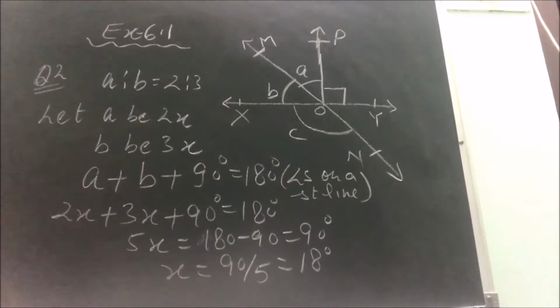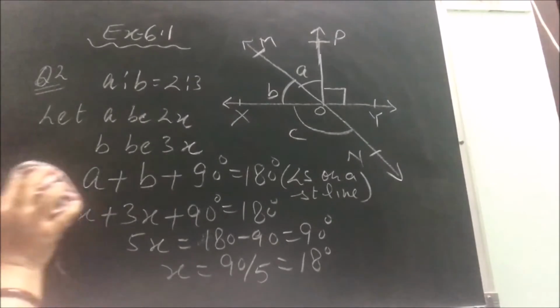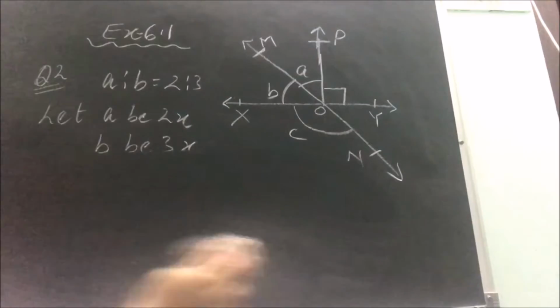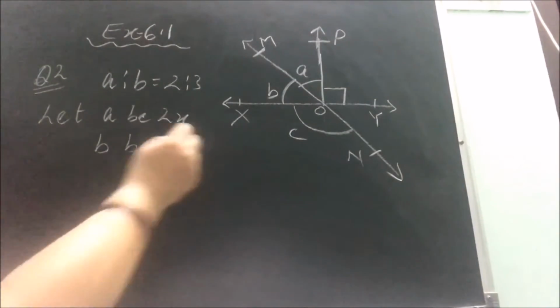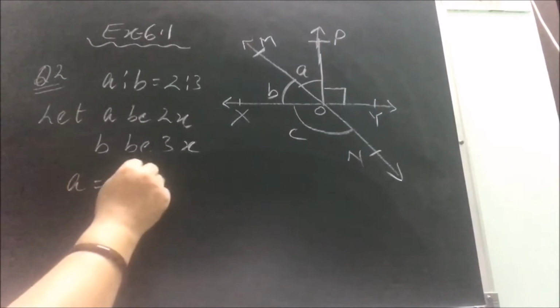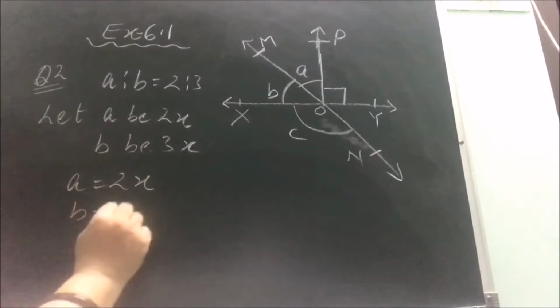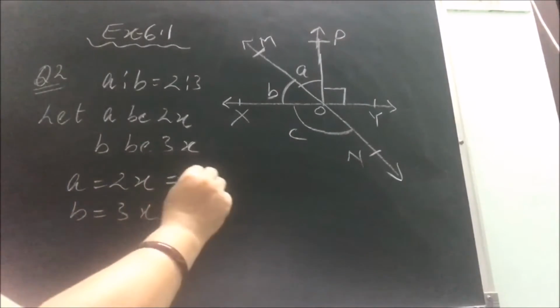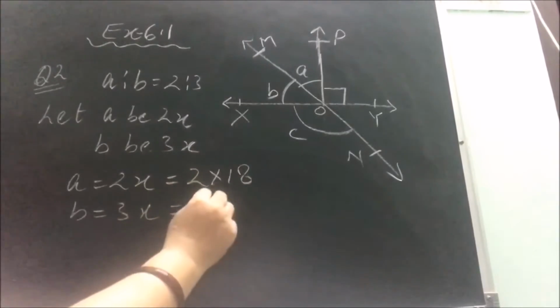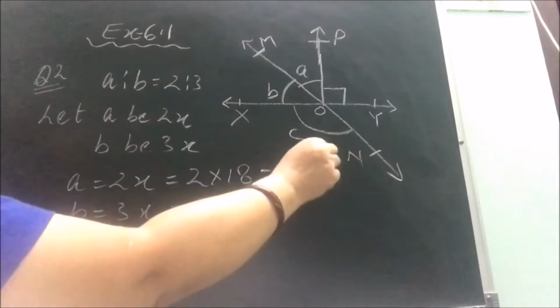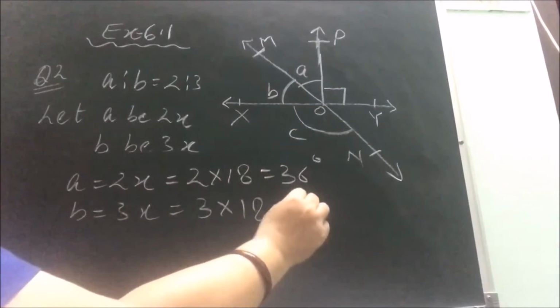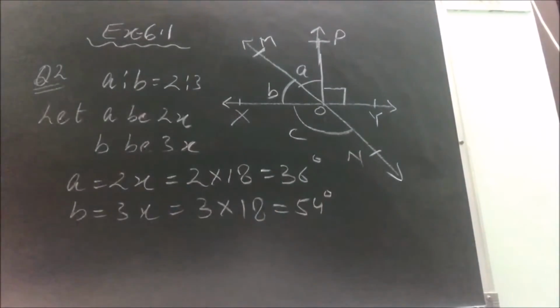Now we can find the value of A and B easily. x is 18, right? So A is 2x and B is 3x. Substitute the value of x here. A will be 36 degrees and B is 54 degrees.